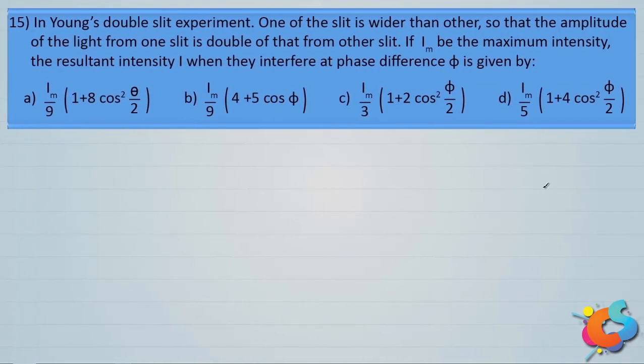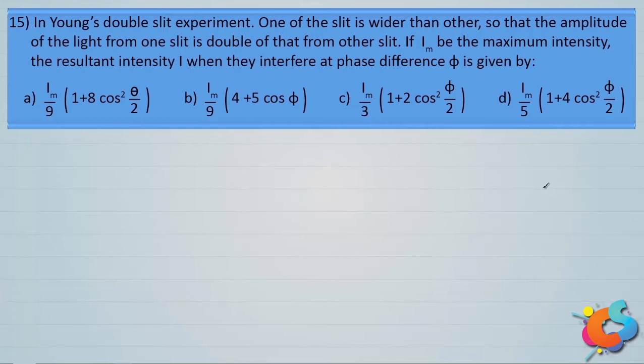Now let's work out an interesting question, dear students. In Young's double slit experiment, one of the slits is wider than the other, so that the amplitude of the light from one slit is double that from the other slit.